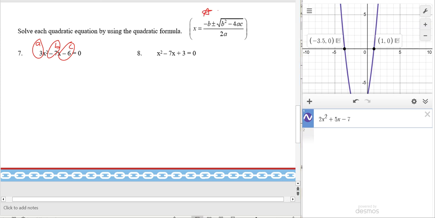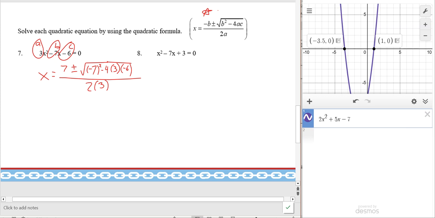So it's going to be x equals negative b, so the opposite of b, which is going to give me a 7, plus or minus the square root of b squared minus 4 times a times c, all over 2 times a.